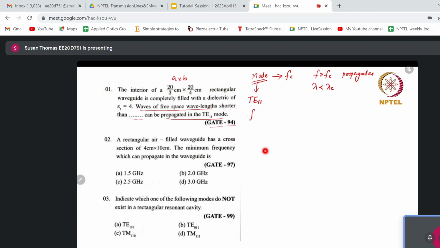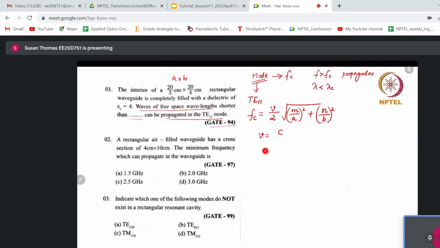How do we calculate fc for that particular mode? We have the fundamental equation. Because it is a dielectric filled waveguide, fc is equal to V by 2 into square root of (m by a) the whole square plus (n by b) the whole square. Now let's see each of these parameters.